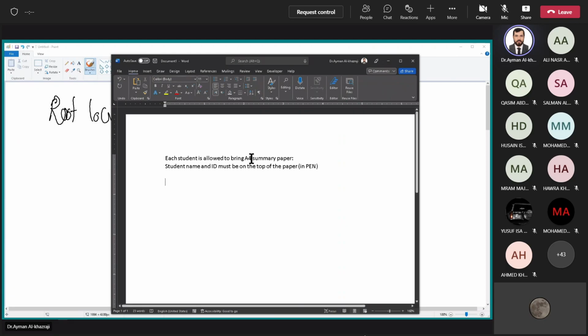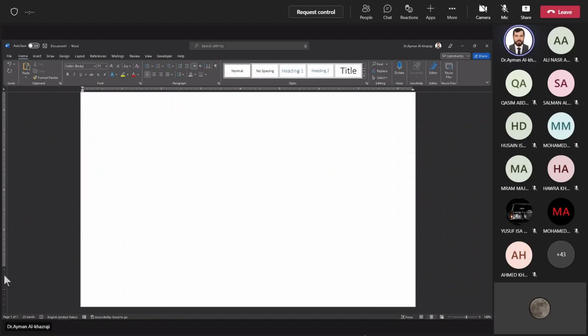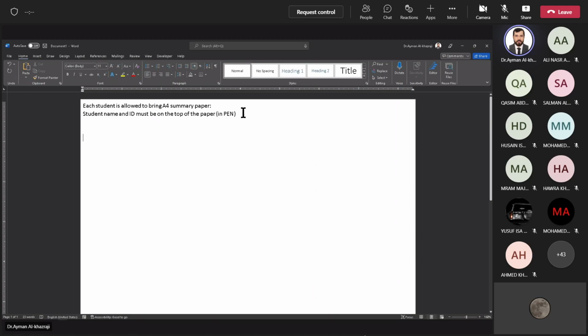And this paper can be written or printed or both. Suppose I take rules, I take images, I put them here. Remove the margin, take the maximum of the paper, no problem. Paper without margin. Make it printed and handwritten, it's okay, both sided, but one page only.